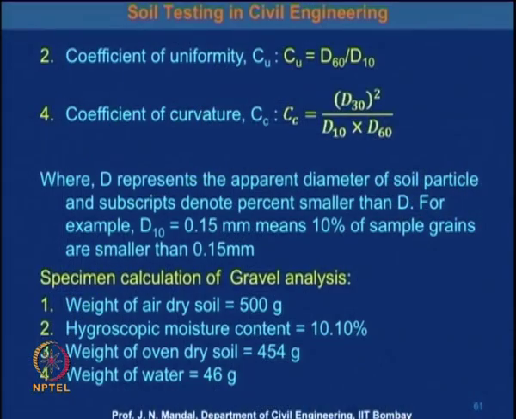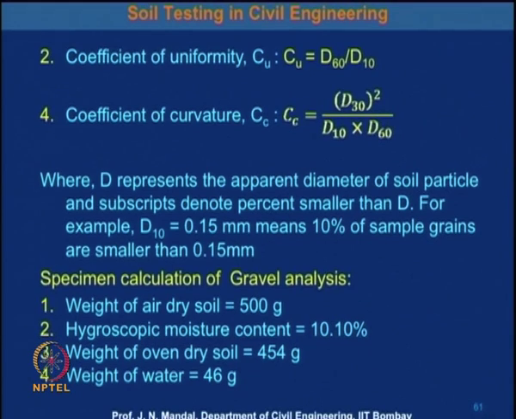You can calculate the coefficient of uniformity, that is Cu. Cu is equal to D60 by D10. You can calculate the coefficient of curvature, that is Cc. Cc is equal to D30 square divided by D10 into D60.